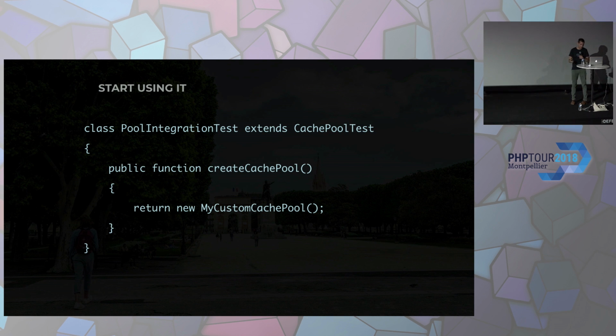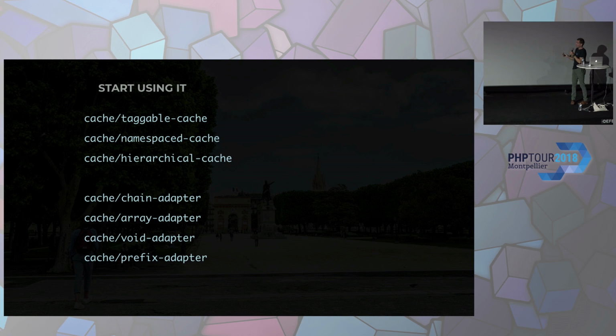It's super easy. And then there's a couple of packages that already provide you implementations. There's taggable cache, namespaced cache, hierarchical cache. There's chain adapter, which is pretty neat. It basically chains different cache implementations. So if you have a fast cache, which is limited in space, and a slow cache, which has a lot of space, you can chain them to be some kind of first level, second level cache.